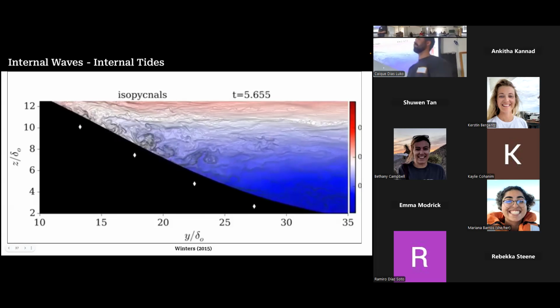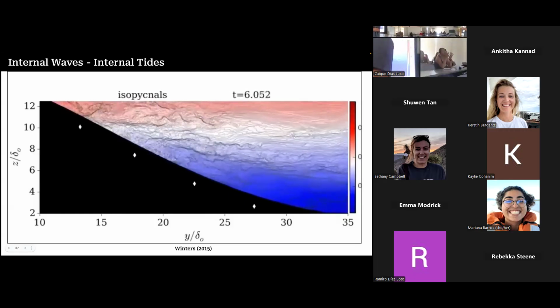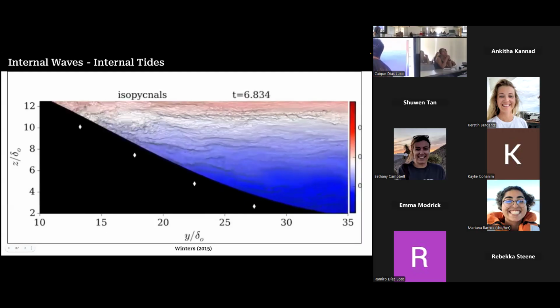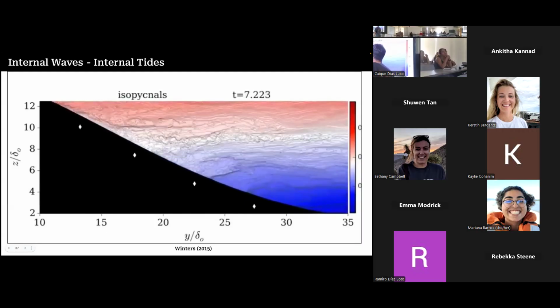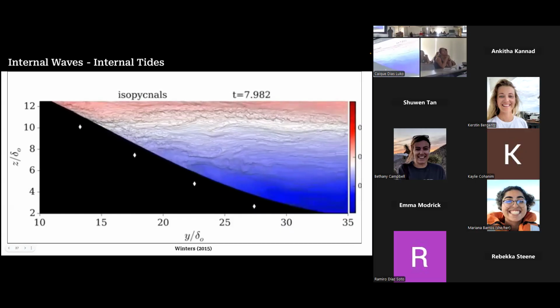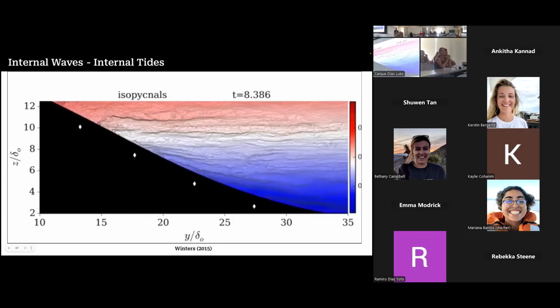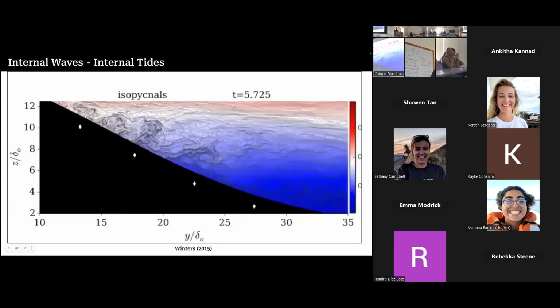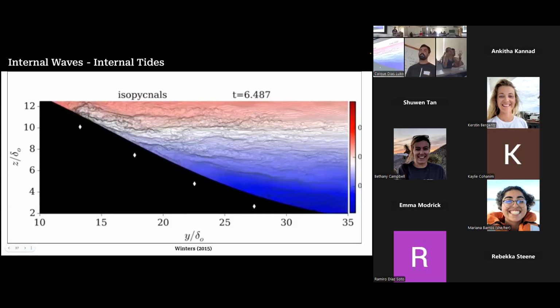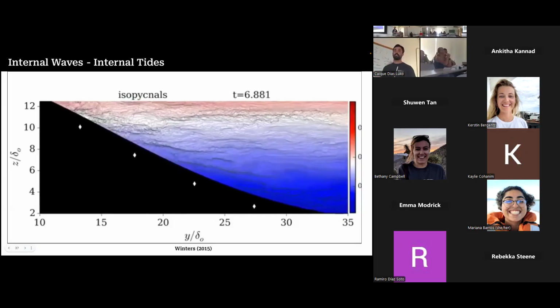Can you see in that figure a bore? Yeah, the bore is in the upslope case. So here, the bore is when the density propagates along the bathymetry, across isobaths.